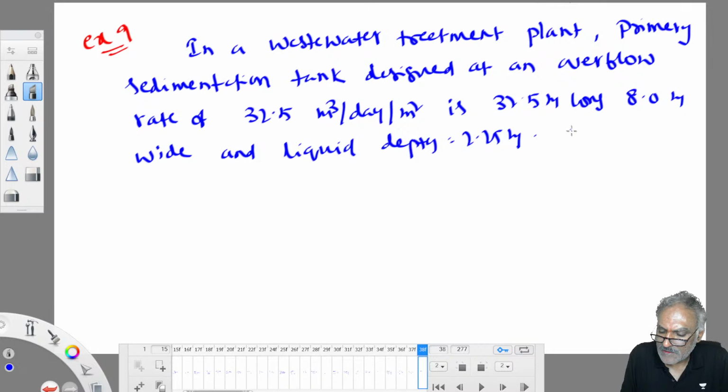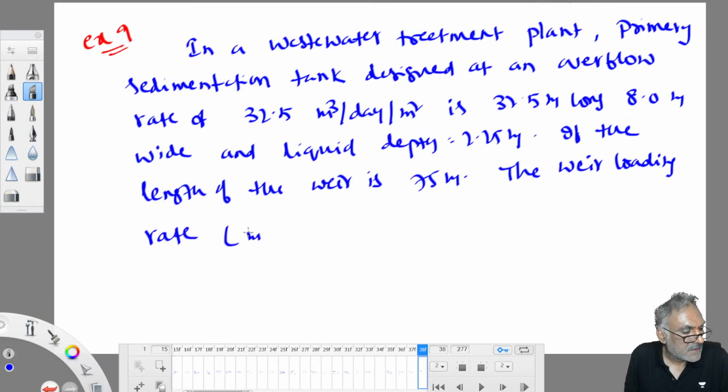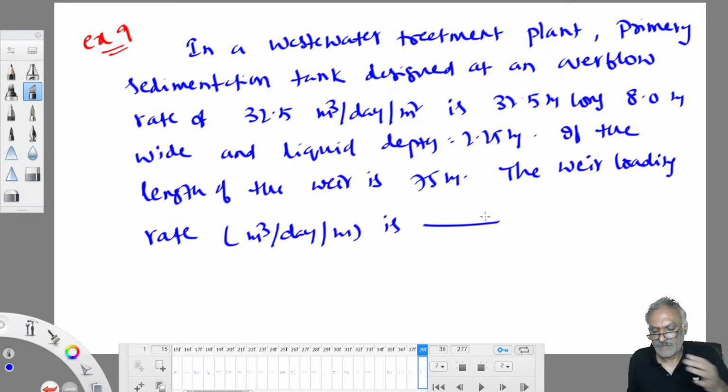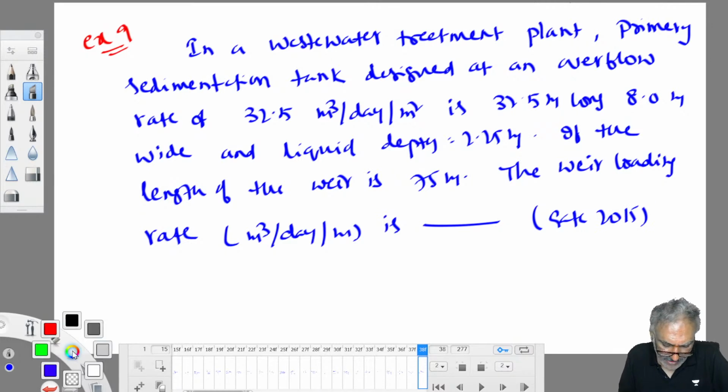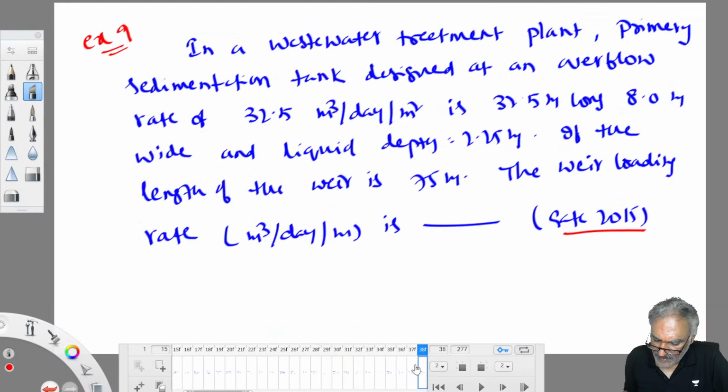The length of the weir is 75 meters. The weir loading rate in meter cube per day per meter is dash. This is also a GATE 2015 question. So now 2 questions came from the same topic. So simple, so easy it is.